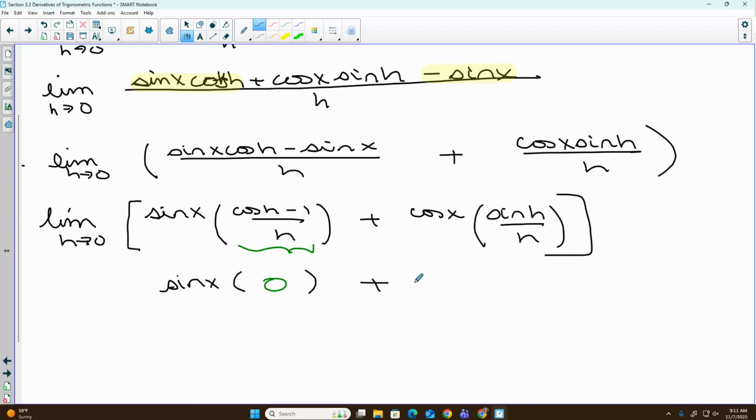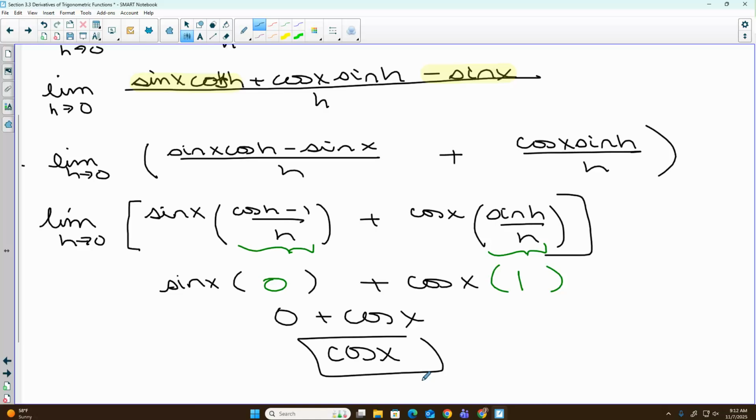Plus, over here, the cosine x would stay since it doesn't have an h in it. Then, what is the limit as h approaches 0 of sine h over h? 1. You get 0 plus cosine x, or cosine x. So, the derivative of sine is cosine.